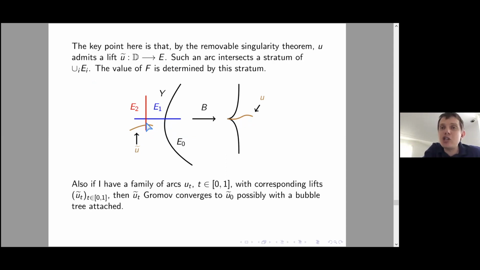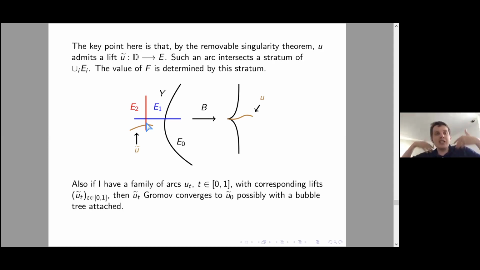And it's a filtration because it's actually a filtration morally by Gromov compactness. So if I have a family of these lifts, U tilde t, what happens is it degenerates to some limit. And this limit is like a disk with some sort of bubble tree by Gromov compactness. And the point is, if I integrate the Kähler form over this bubble tree, it's positive because it's a holomorphic bubble tree.